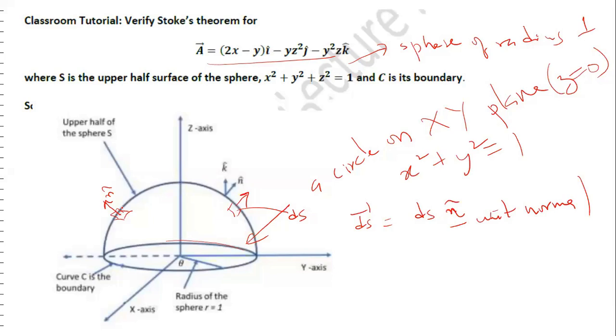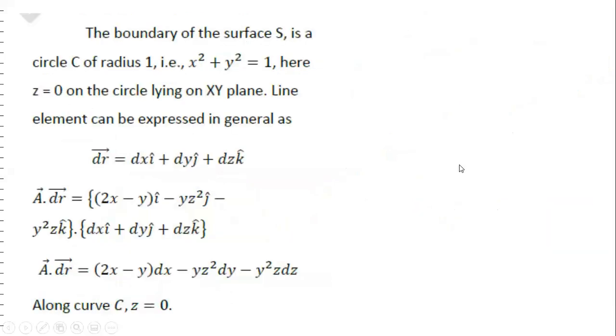Now, the boundary of the surface is a circle of radius 1, which I have discussed. So what is the line element?